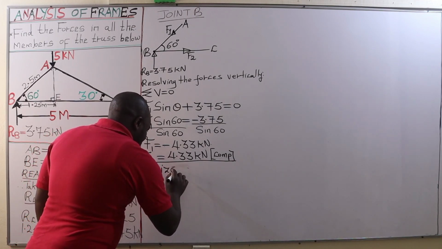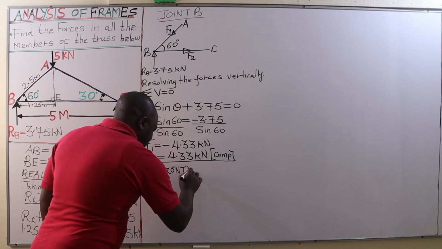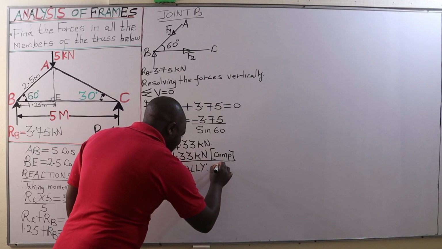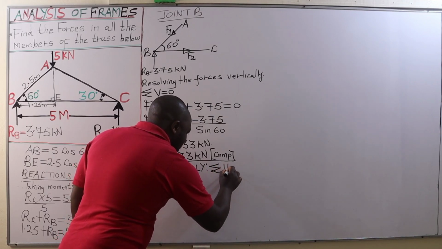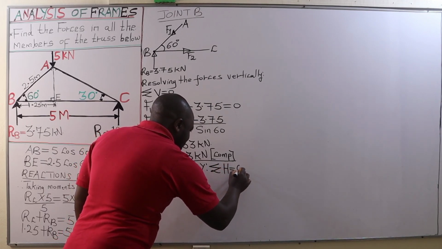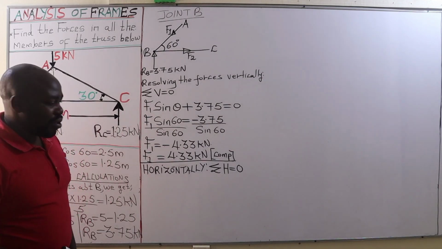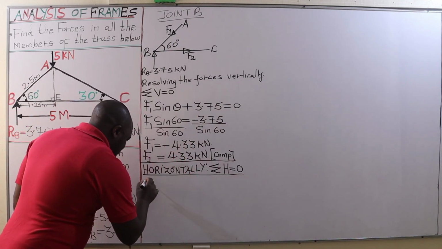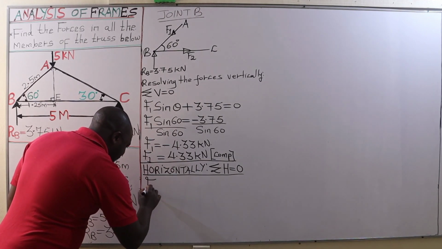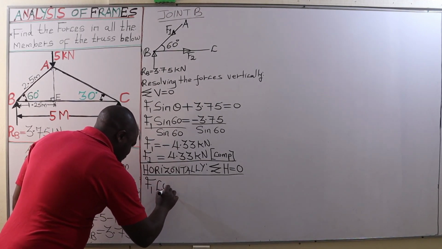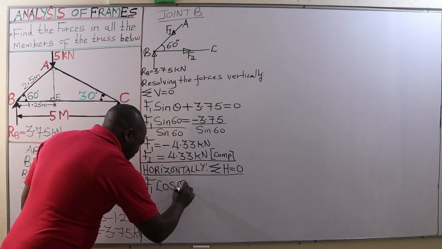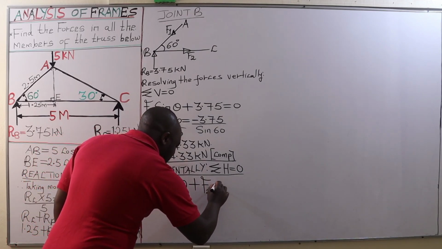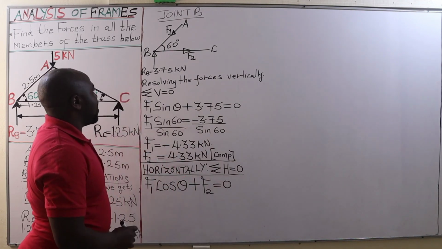Resolving the forces horizontally and applying the principle of summation of all the horizontal forces being equal to 0. Now, horizontally, we are going to have F1 cos theta plus F2 is equal to 0.